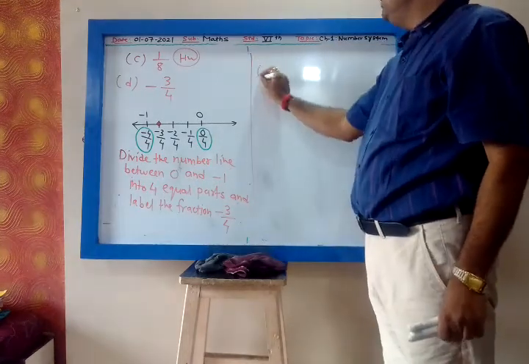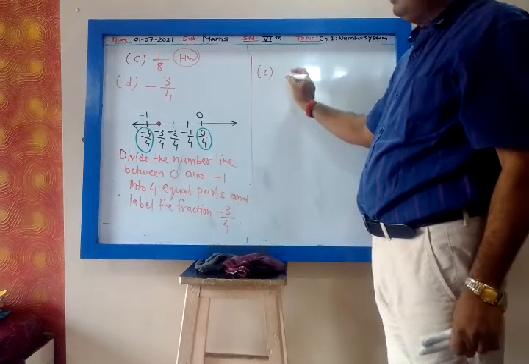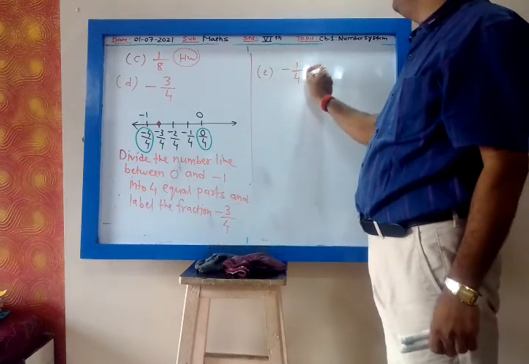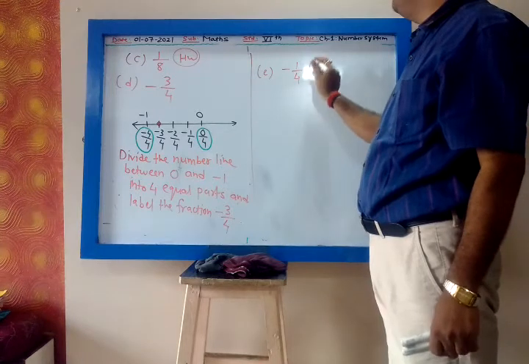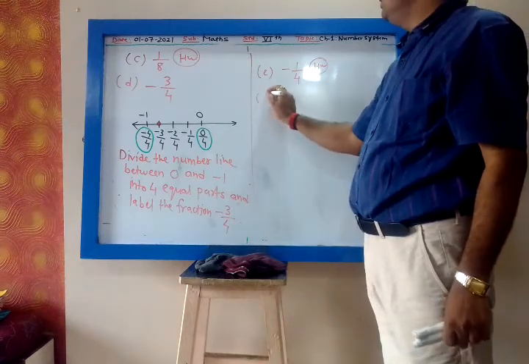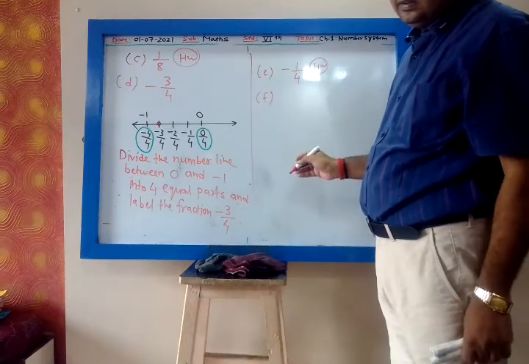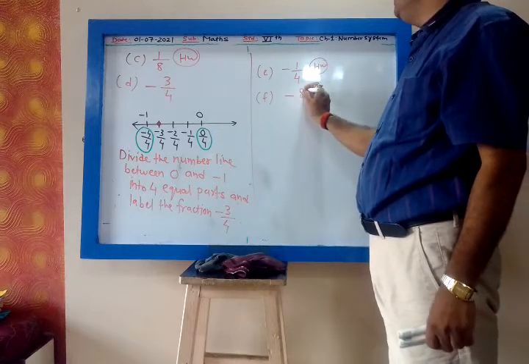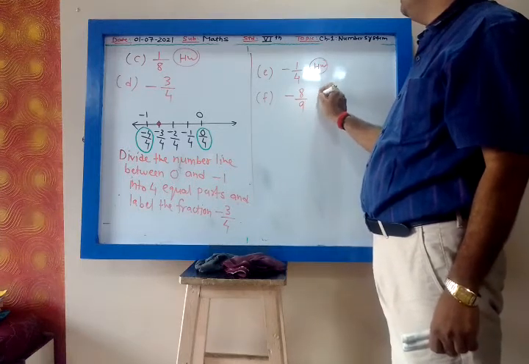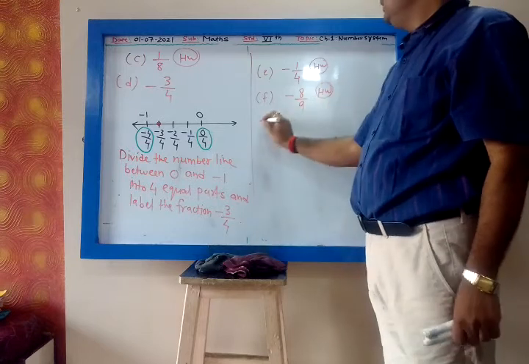Then it is E. E is minus 1 by 4. Minus 1 by 4 will be homework. You divide the number line between 0 and minus 1. Then F. F is minus 8 by 9. Negative, so minus 1 and 0. Homework.